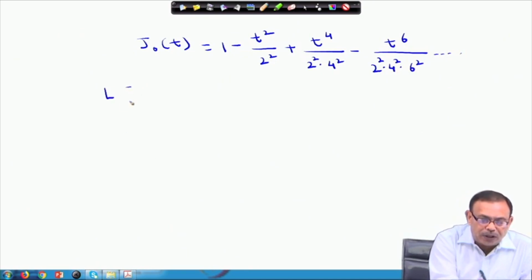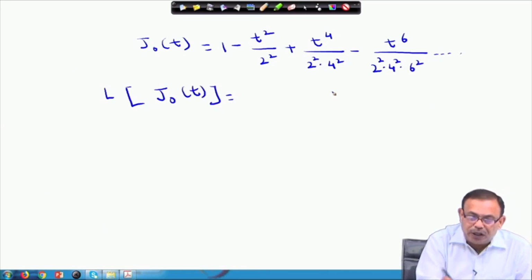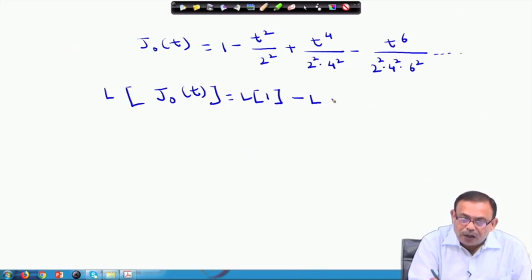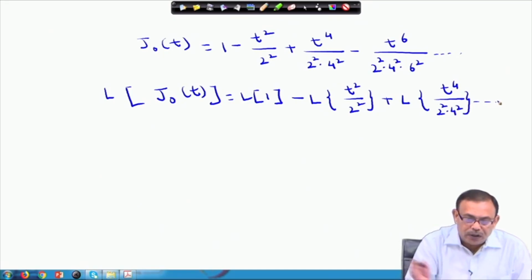So, what will be the Laplace transform of J0(t)? Using the linearity property I can write this as the Laplace transform of 1, minus the Laplace transform of t square by 2 square, plus the Laplace transform of t to the power 4 by 2 square into 4 square, and it will continue like this.